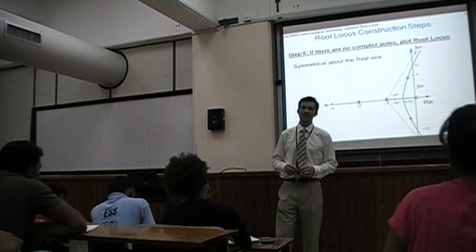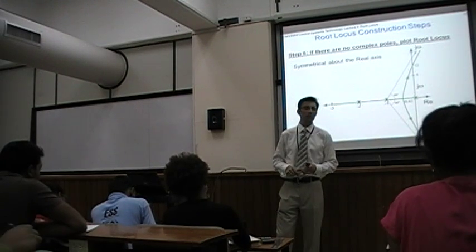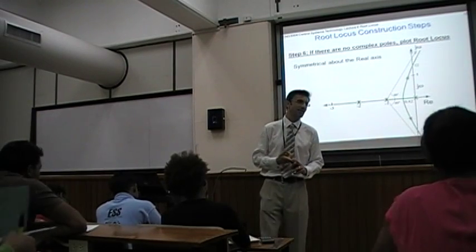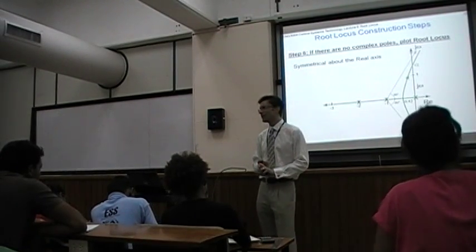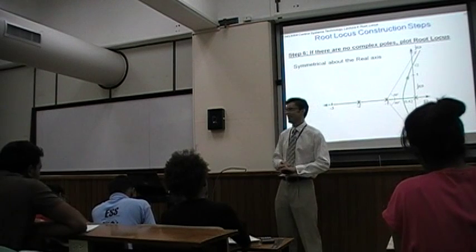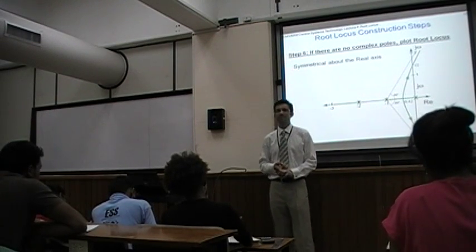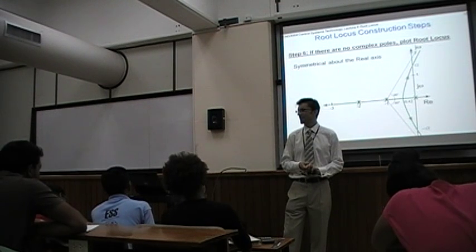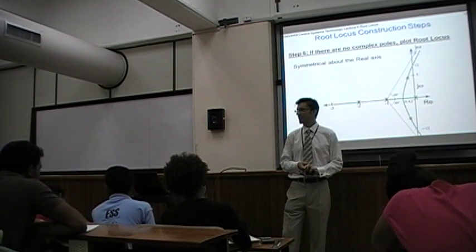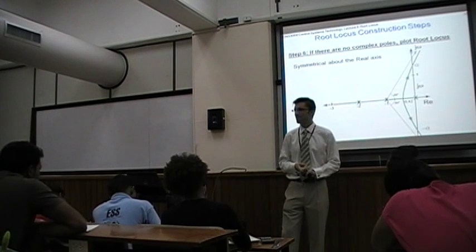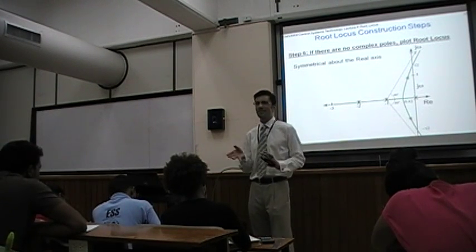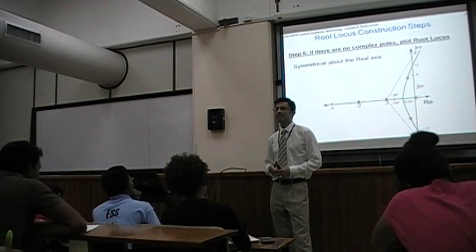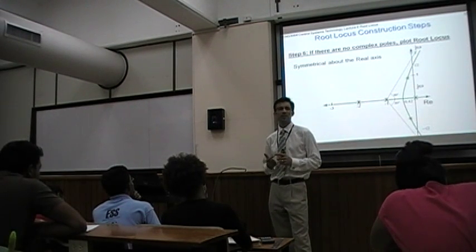Poles and zeros. That's the next step. So once you've got your open loop transfer function, you can find your open loop poles and zeros. What do your open loop poles and zeros represent?